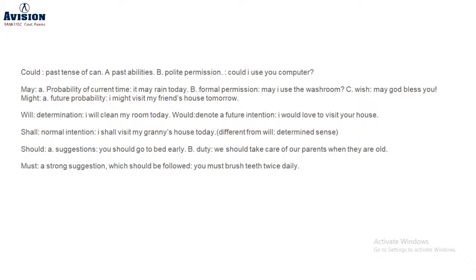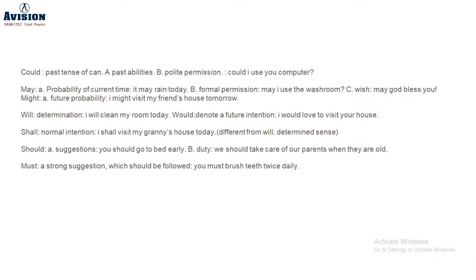Next is should. Should is again a suggestion, right? When we suggest something to people, for example, you should read these books, or you should read the Oxford Dictionary for good English, this is a suggestion, right?